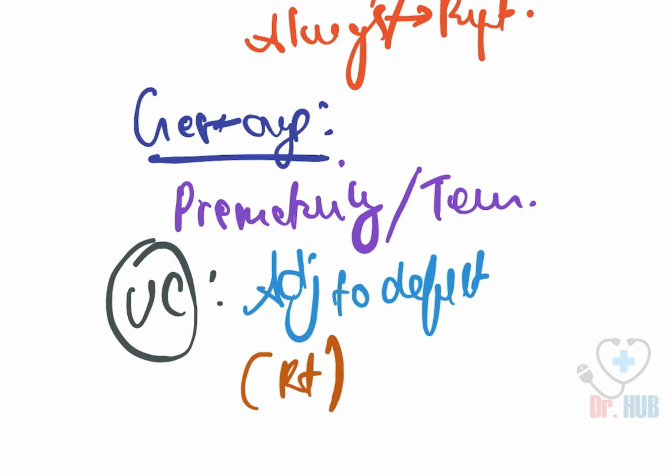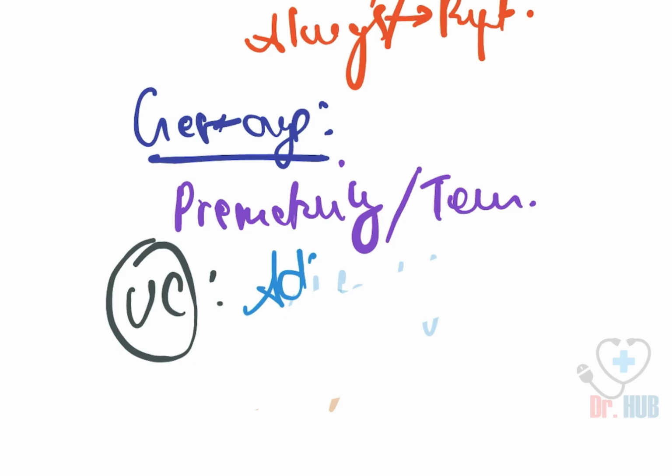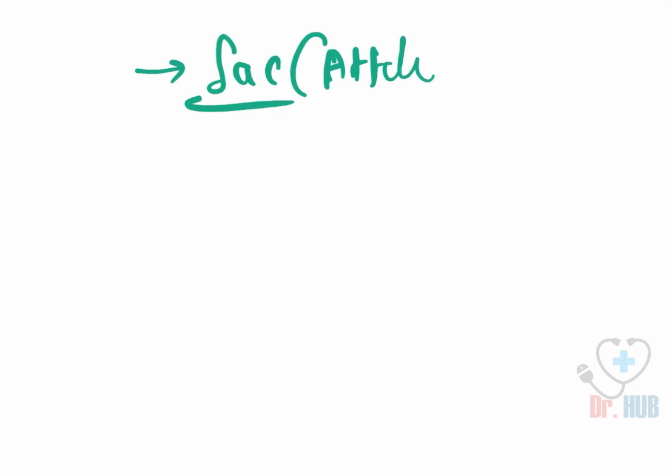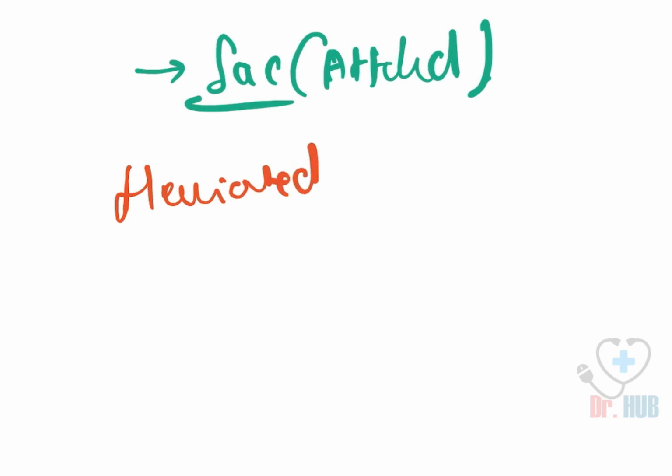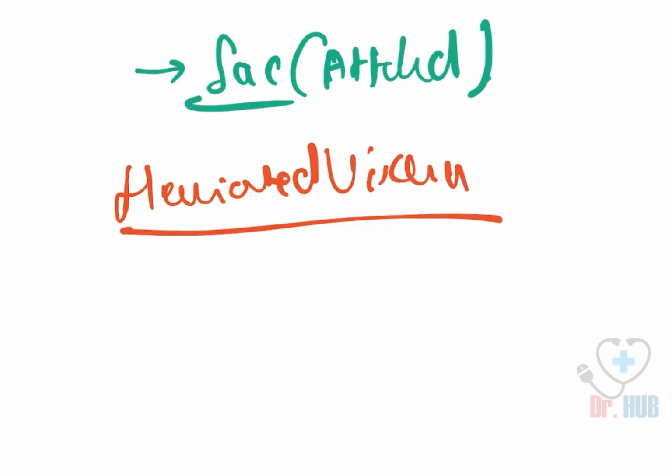Now, looking at the Omphalocele, the umbilical cord is attached to the sac. Next, we are looking at the herniated viscera.